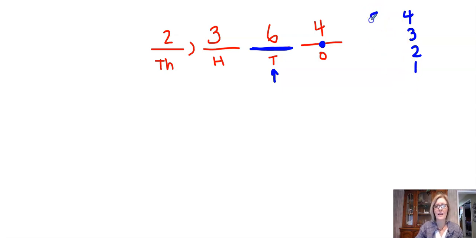If it's a 5, 6, 7, 8, or 9, this number gets to go up. So our power holder, is it a 5, 6, 7, 8, or 9 that will cause this place value to go up 1 place, or is it a 4, 3, 2, or 1 where it has to stay the same? Well, it's a 4, so that tells us that this number has to stay the same.